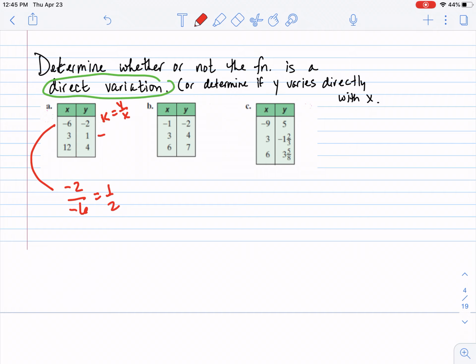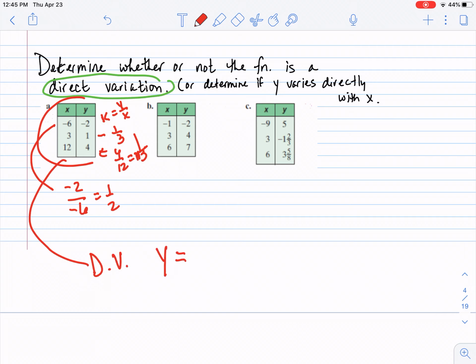This one right here is just going to be 1 over 3, and this one over here would be 4 over 12, which is equal to 1/3. So again, this is a direct variation. And if I wanted you to write me an equation for this direct variation, y equals kx, well, clearly the k in this case is 1/3, so it would be y equals 1/3 x.